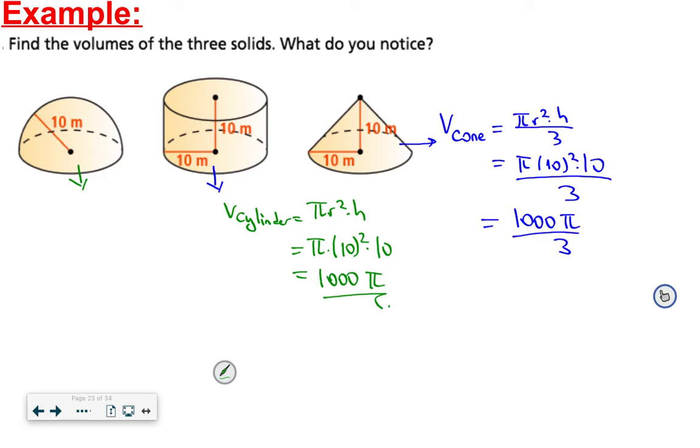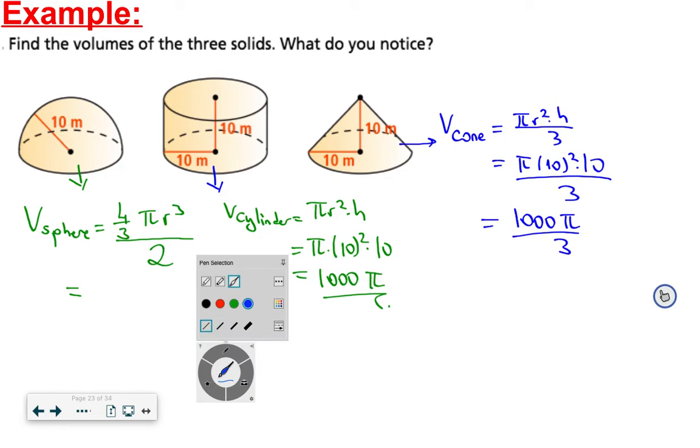Now, this is hemisphere, which means that half of the sphere. So, what is the volume of sphere? 4 over 3 pi r cubed. But I am not looking for the volume of the whole sphere. That's the reason I need to divide by 2. To be able to find the volume of hemisphere, you need to divide by 2.